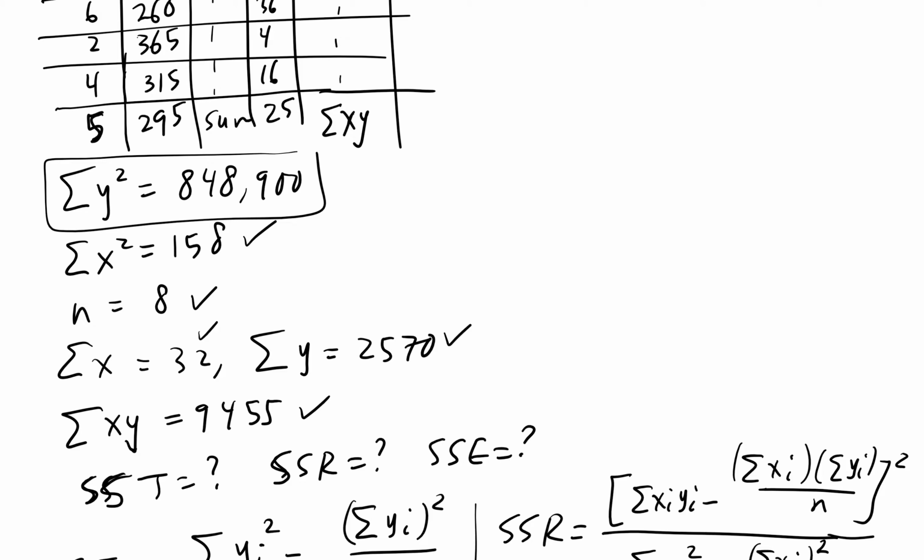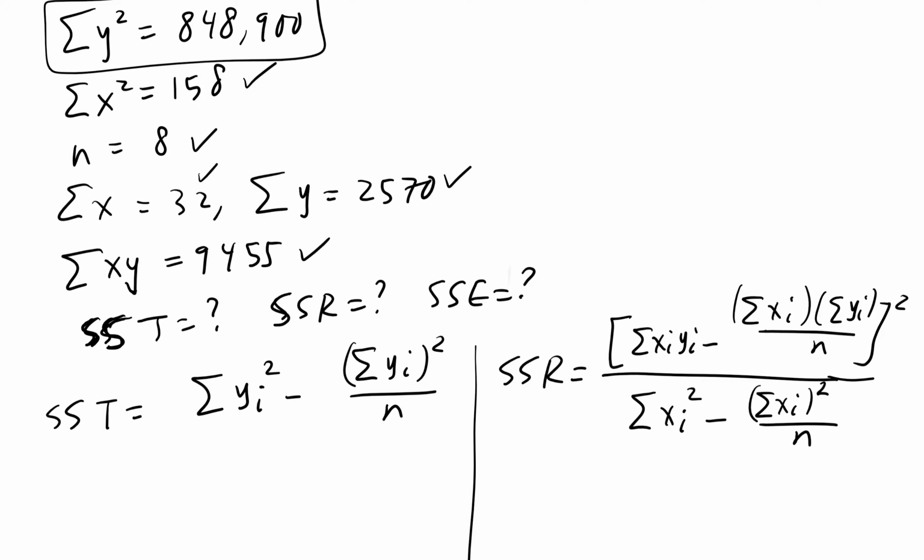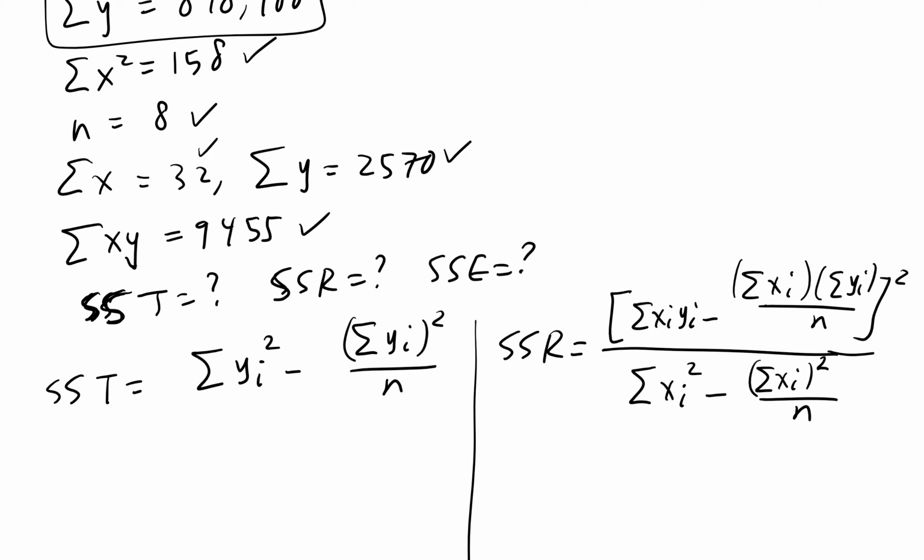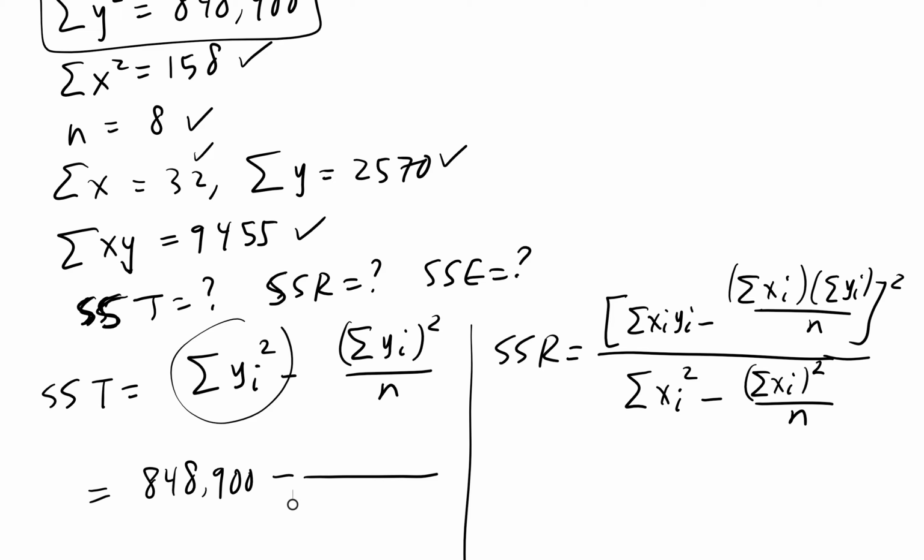We are required to find the values of SST, SSR, and SSE. How do you find these values? Well, let's look at the SST first. SST is the sum of the squares of the y values minus the square of the sum of the y values divided by n. We found the sum of squares earlier, 848,900, minus the square of 2570 over n, 8.